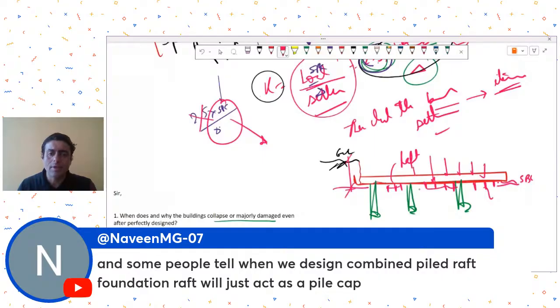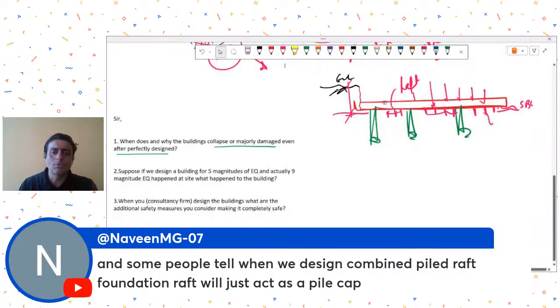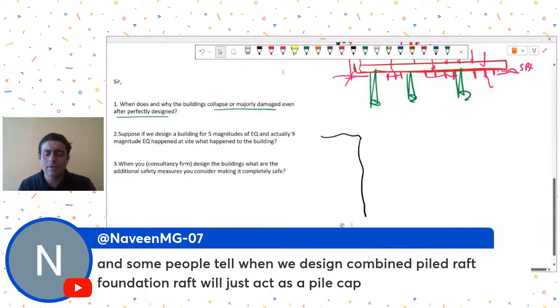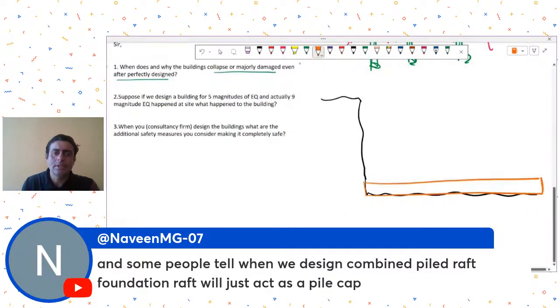But there might be situations where, let's say, you had two basements. Just a hypothetical situation I'm taking. Because of the two basements you are going to a certain depth, and over there the soil also has a decent SBC, but because it was not sufficient, you had to add piles.